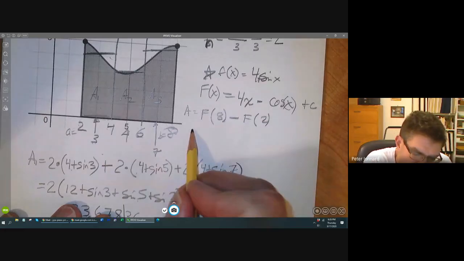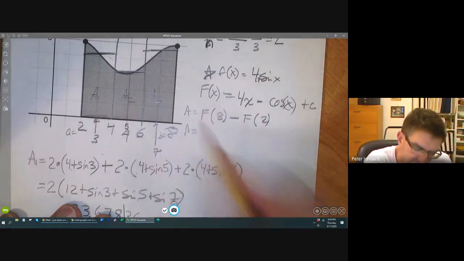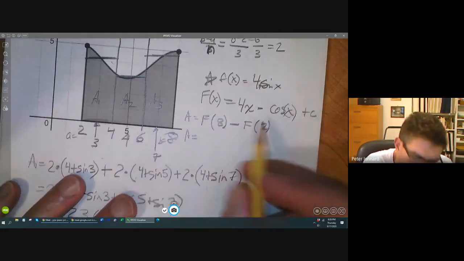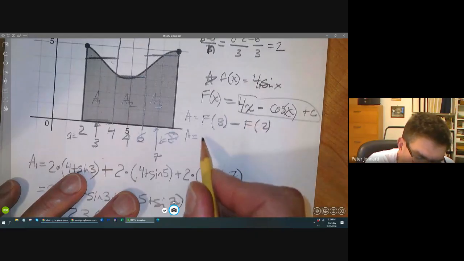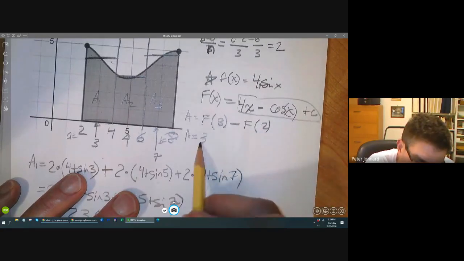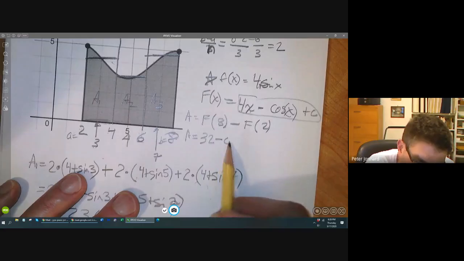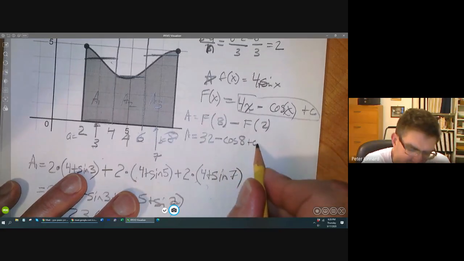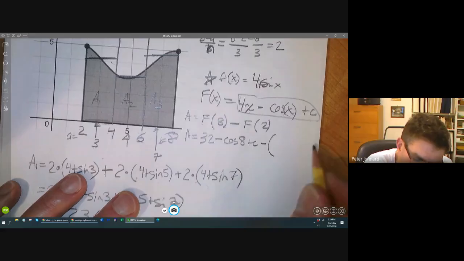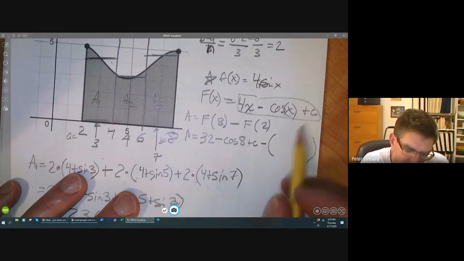Okay, and so basically the area under the curve, the exact answer would be, you plug an 8 in here. So that would be 4 times 8, 32, minus the cosine of 8 plus c, and then minus, and let me do this again, but this time I'm going to plug in a 2.